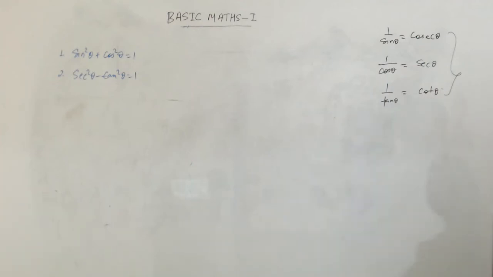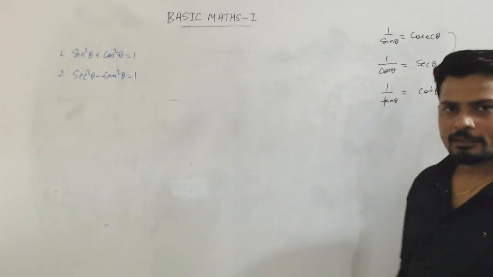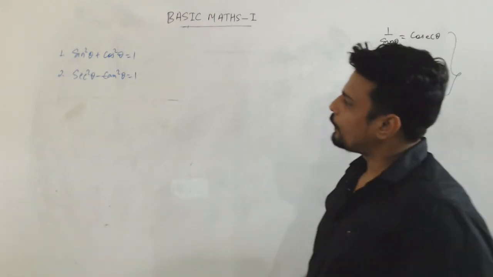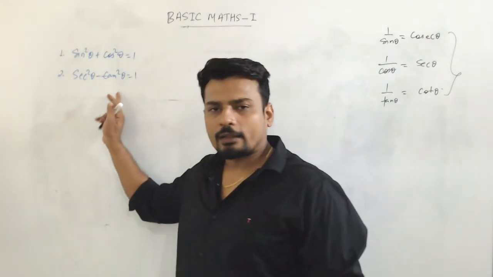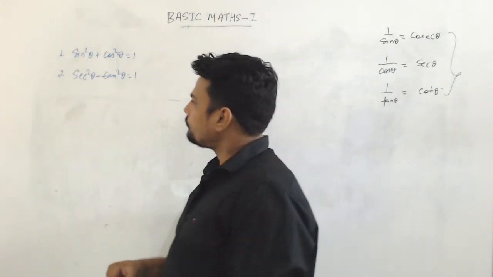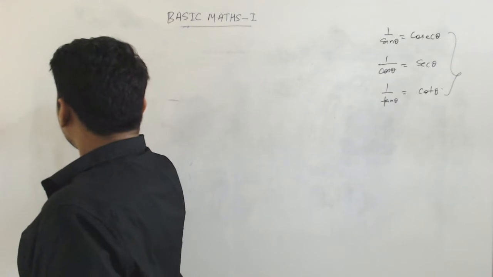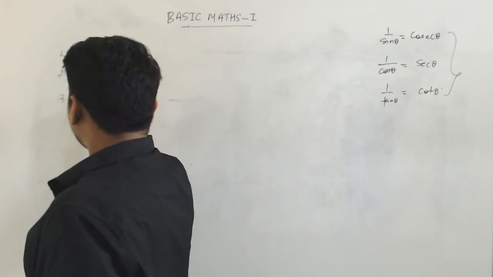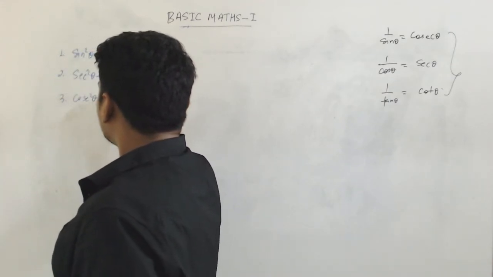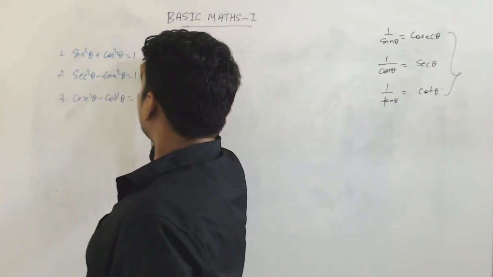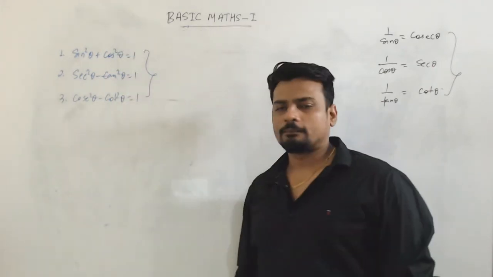So these three are the reciprocals of the sine, cos and tan respectively. So sec square theta minus tan square theta is 1. One more thing we have, that is cosec square theta minus cot square theta is going to be 1. So these are the relations that give you 1.